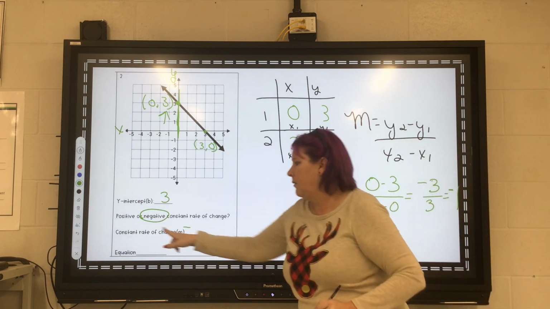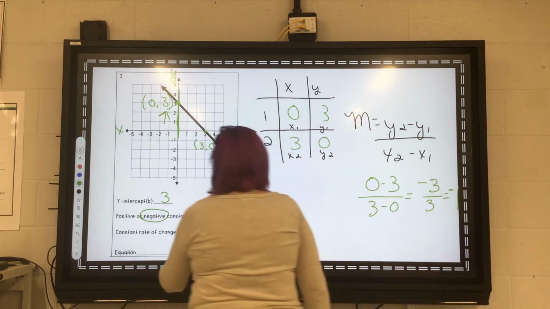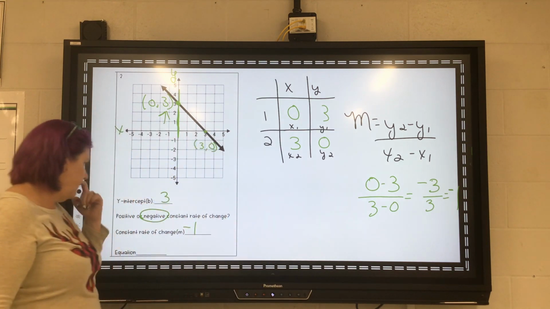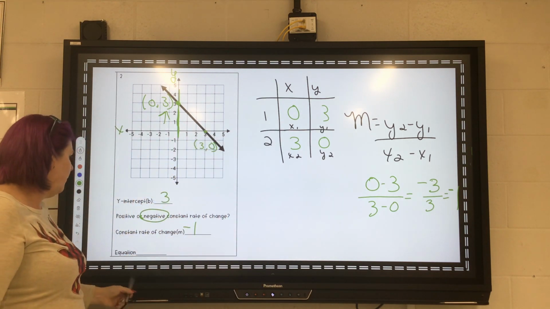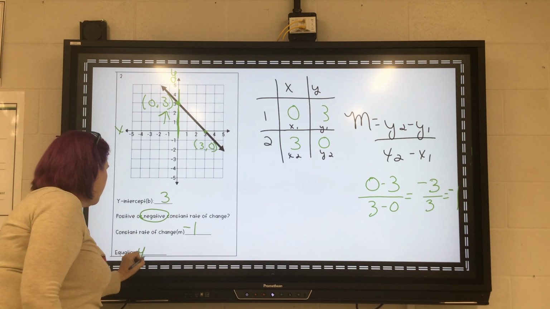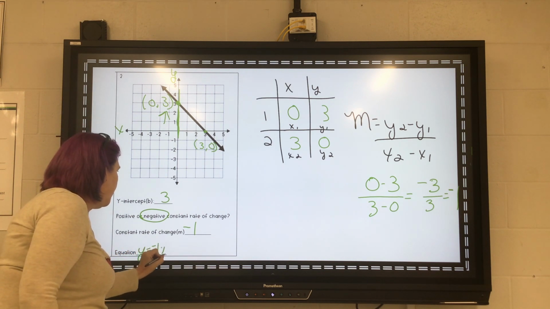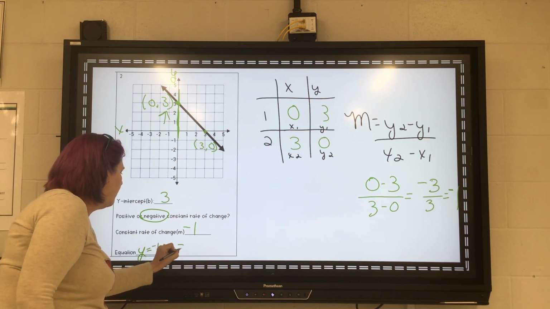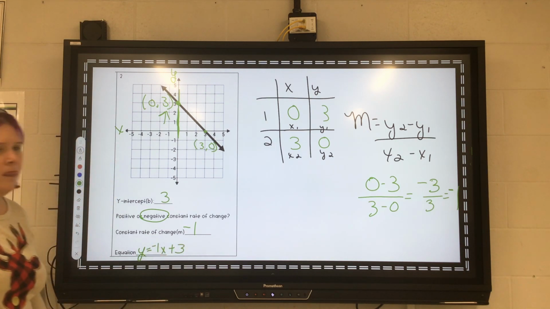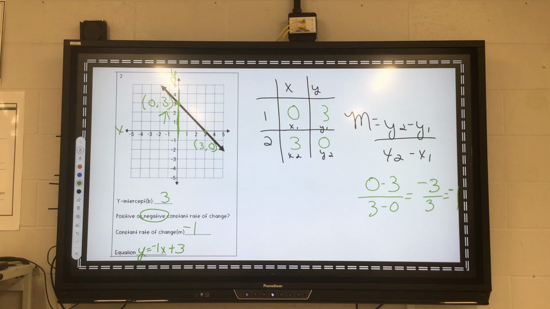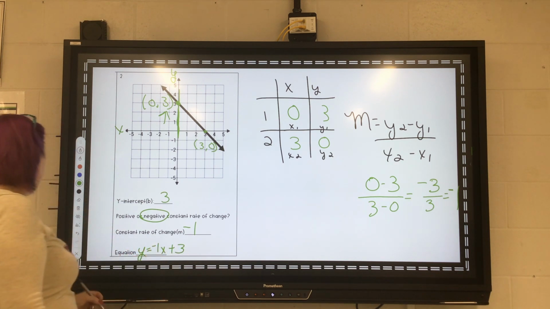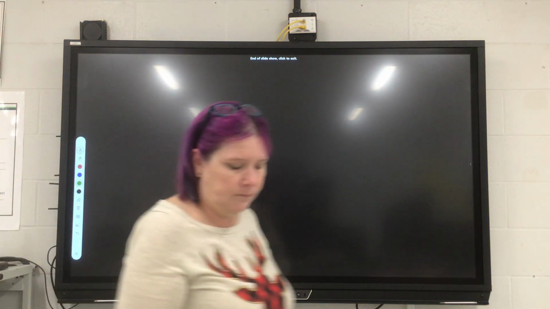But once again, we said it was going to be negative. So our constant rate of change is -1. That makes my equation y equals -1x plus 3. So that's how you do it with graphs and non-proportional relationships.